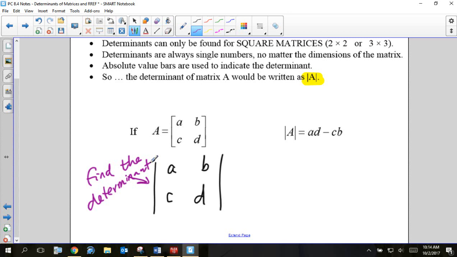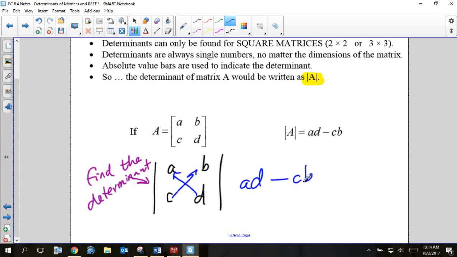Determinants, they're always found of a square matrix, so like a 1 by 1, a 2 by 2, a 3 by 3, a 4 by 4. So here's a 2 by 2. And to find the determinant of a 2 by 2, you're going to multiply diagonally from the bottom corner up, AD, and then you will subtract, multiply from the bottom corner up, CB.